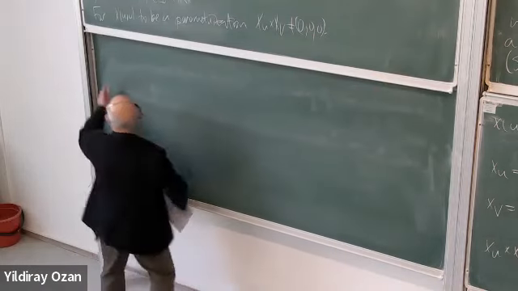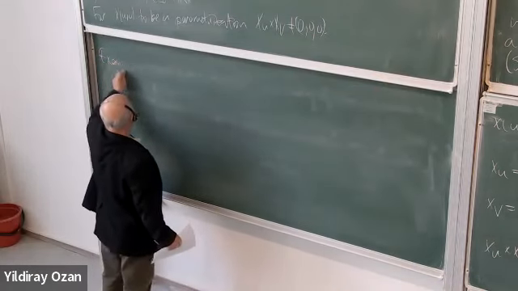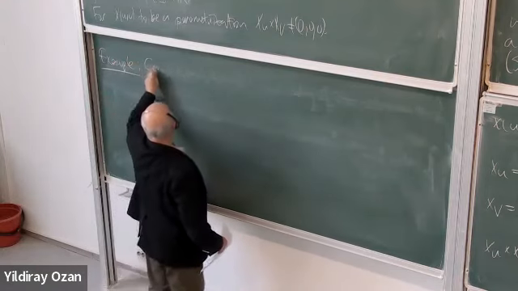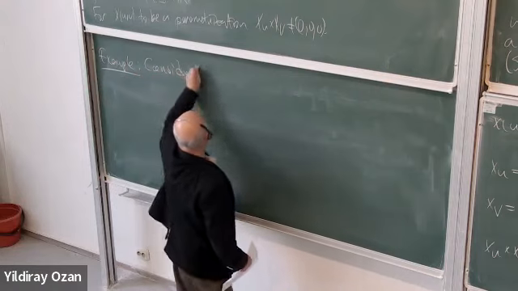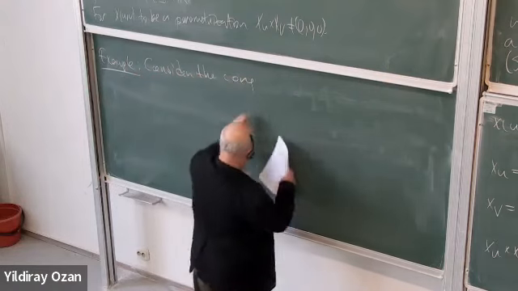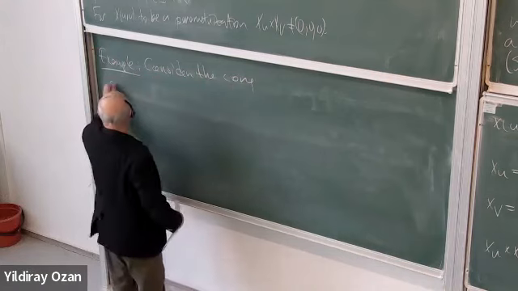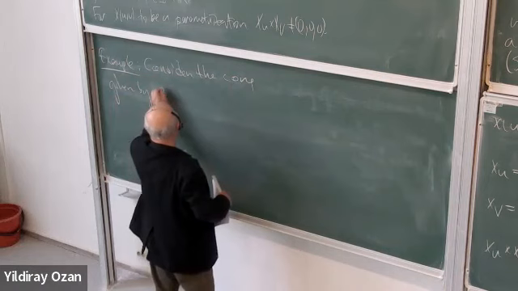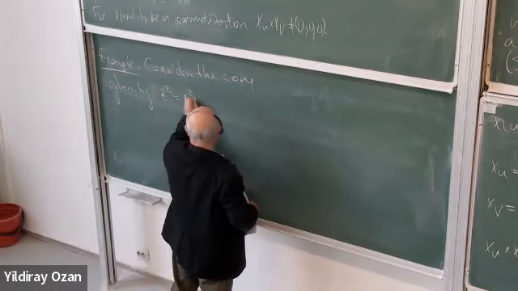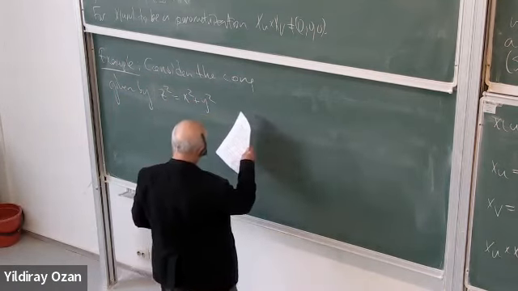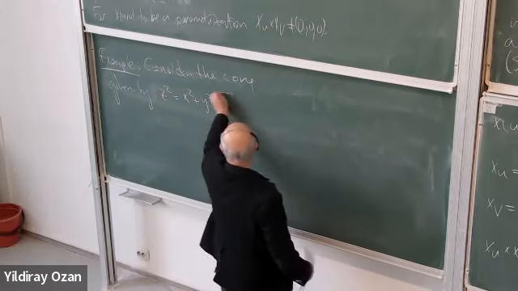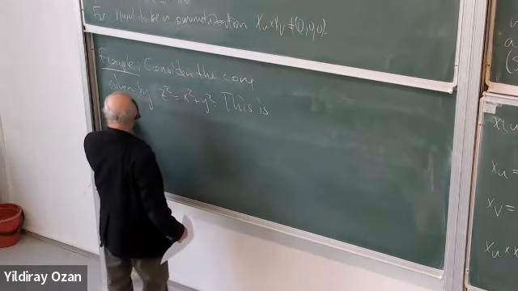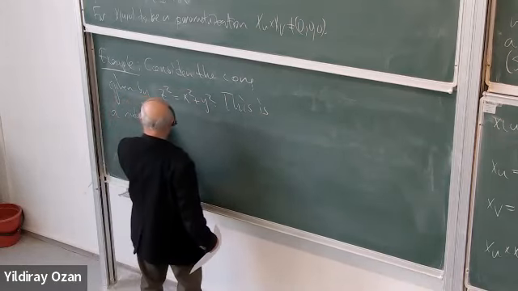Here is one example of a ruled surface. Consider the cone, given by z squared equals x squared plus y squared. This is a ruled surface.